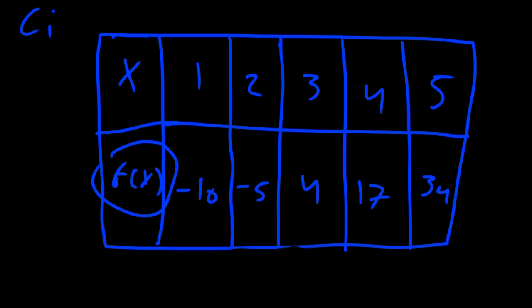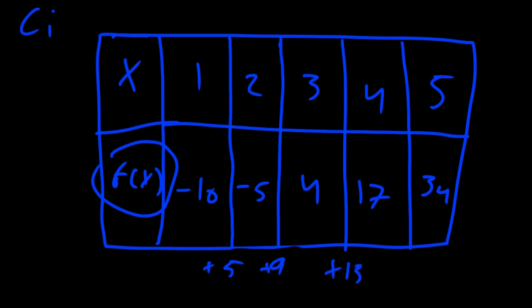How we're going to determine that is by finding the first and second differences of these f of x values. For our first set of differences, negative 10 to negative 5 is 5. Negative 5 to 4 is 9. Then 4 to 17, you have to add 13.